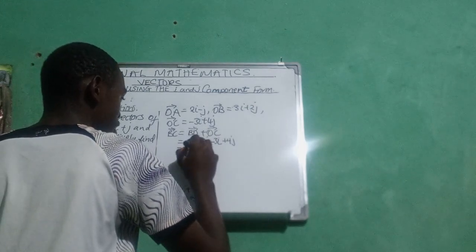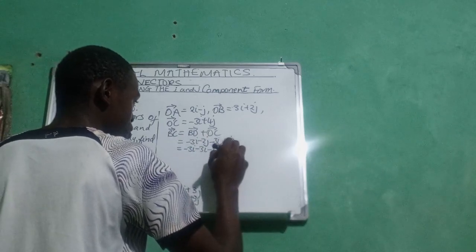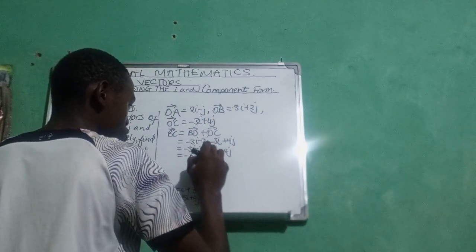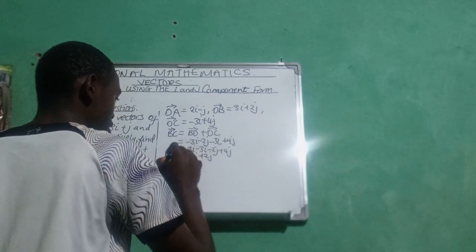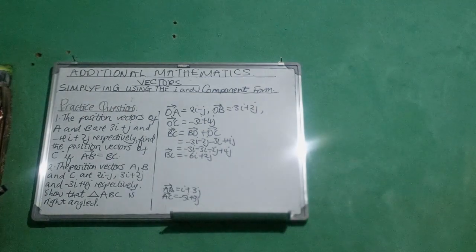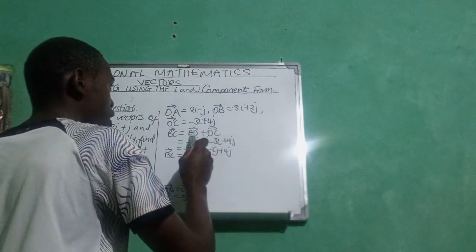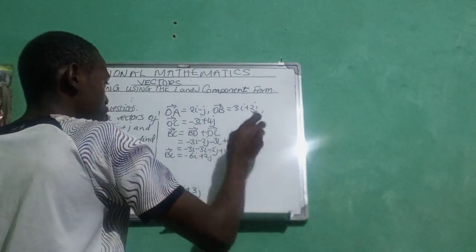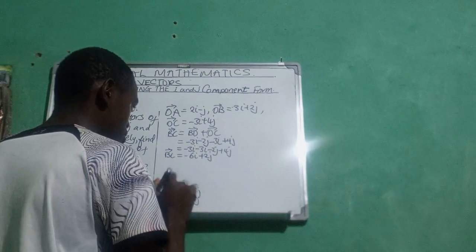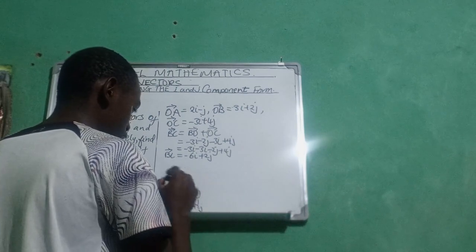This will be equal to minus 3i minus 3i, minus 2j plus 4j. This is minus 6i plus 2j as our BC. So BC is equal to minus 6i plus 2j.